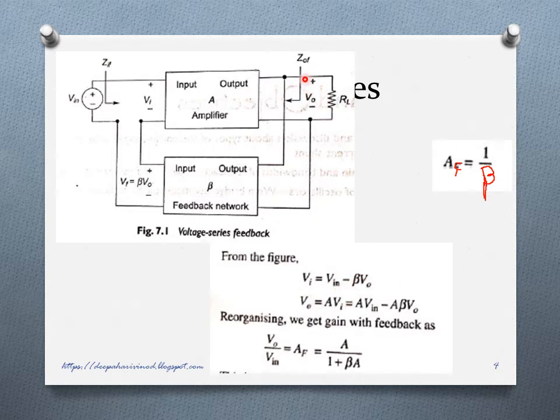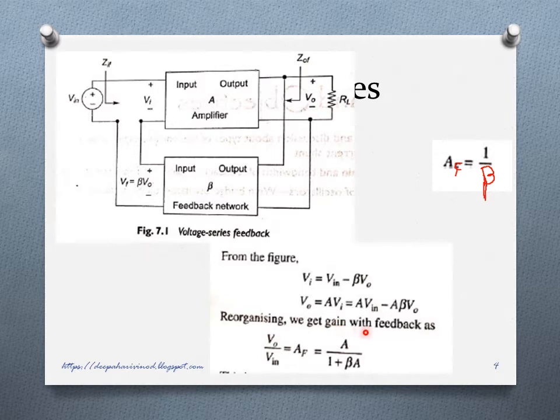Now output VO is given by A into Vi, that is amplifier gain into the input at the amplifier, that is A into Vi equal to A into V in minus beta V naught, substituting for Vi. So I will get A into V in minus A beta V naught.